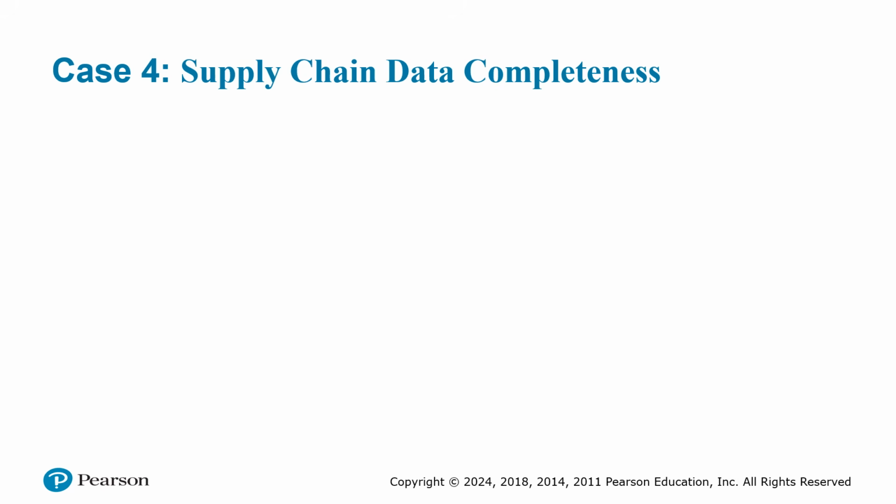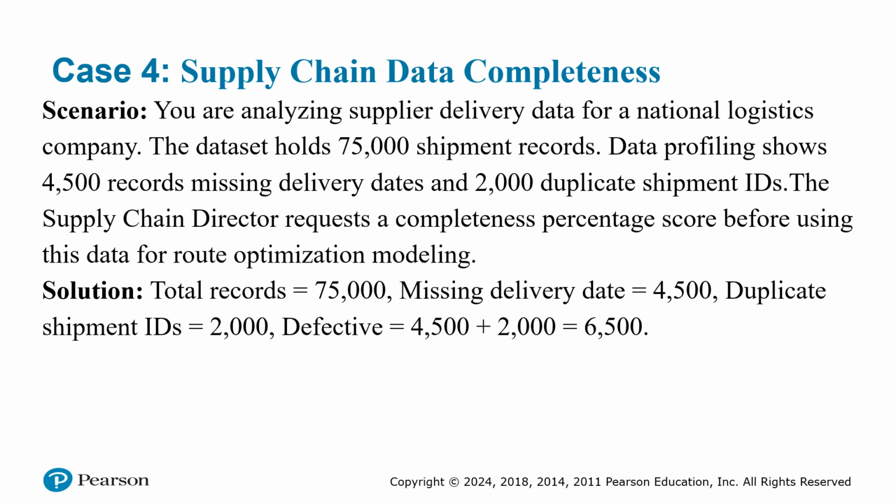The same I have generated in another supply chain context, because I'm teaching students from different programs, so that's why I'm providing the same context with a different example. In the supply chain, there are 75,000 shipment records, and we have 500 records missing delivery dates, and 2,000 duplicate shipments. The supply chain director requests a completeness percentage score before using the data.